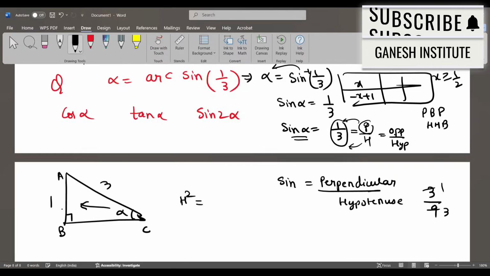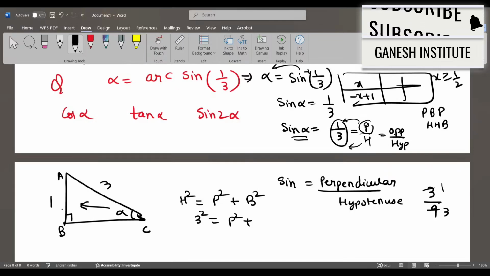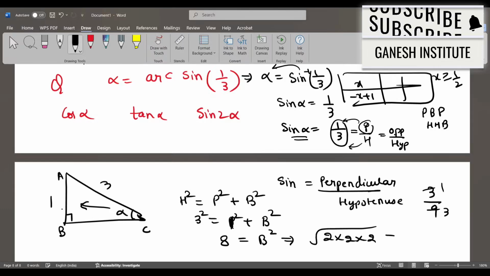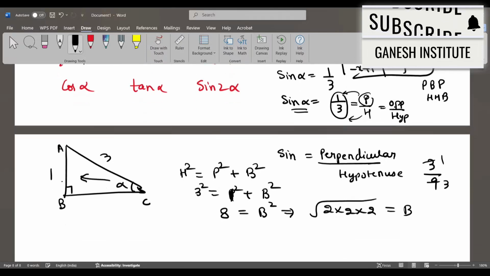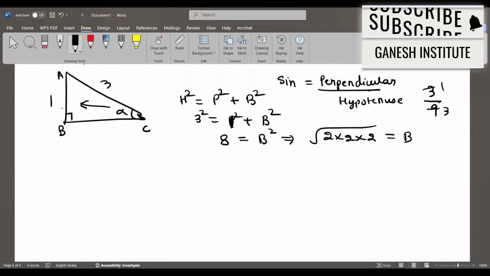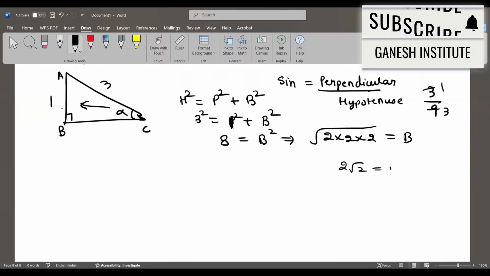You know hypotenuse square is equal to opposite side square, perpendicular square, plus base square, right? Yeah. So hypotenuse 3, perpendicular is given. Base, I don't know. 9 minus 1 is 8. And 8 is 2 times 4, so it is actually 2 root 2, right? Yes.